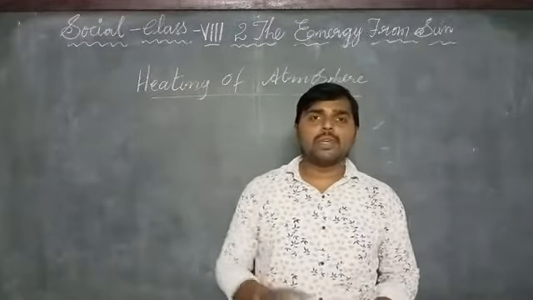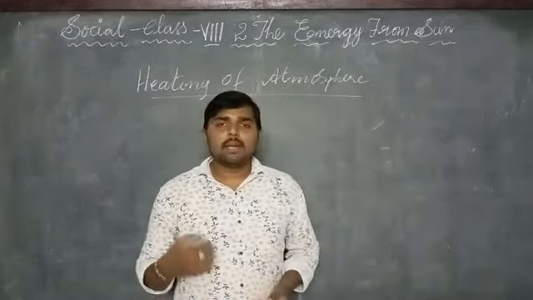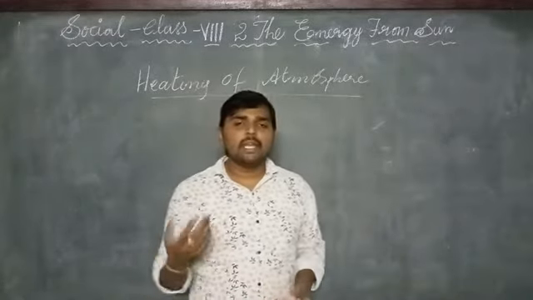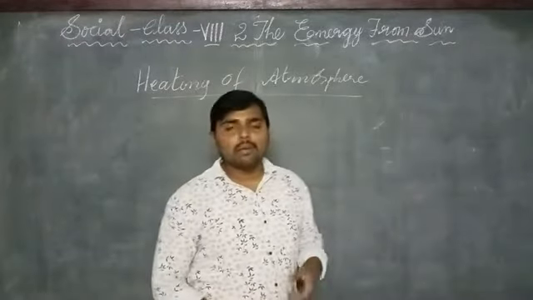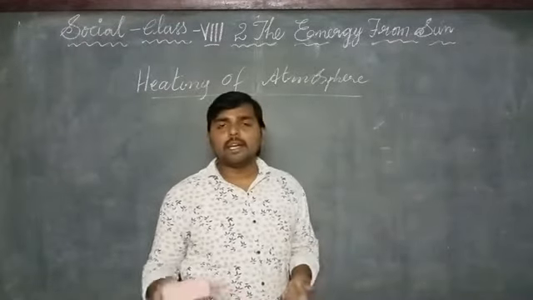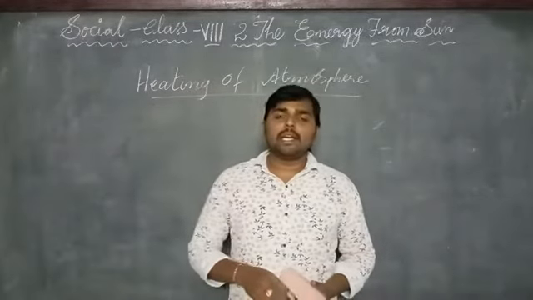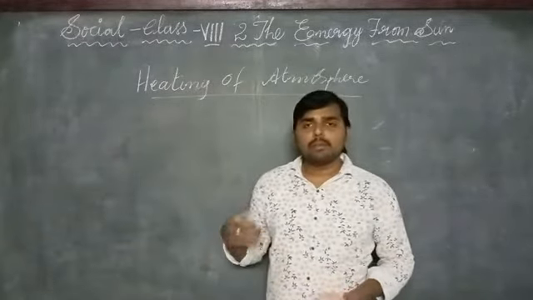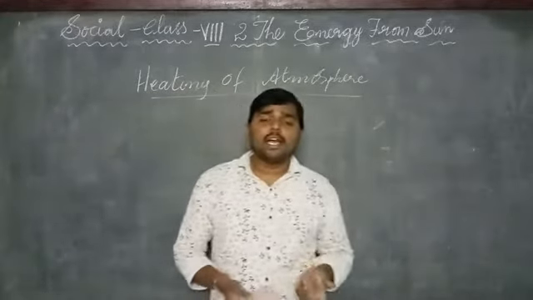Some amount of solar energy is absorbed by the Earth, and the remaining amount of the solar radiation is given out from the surface of the earth, and some of the solar radiation is reflected by clouds and by the dust particles present in the atmosphere.